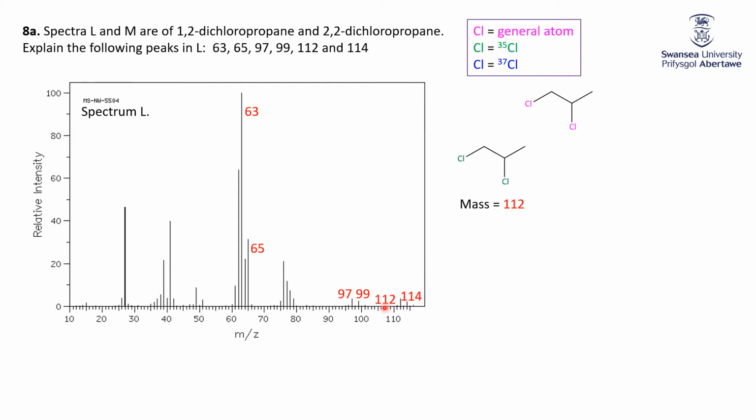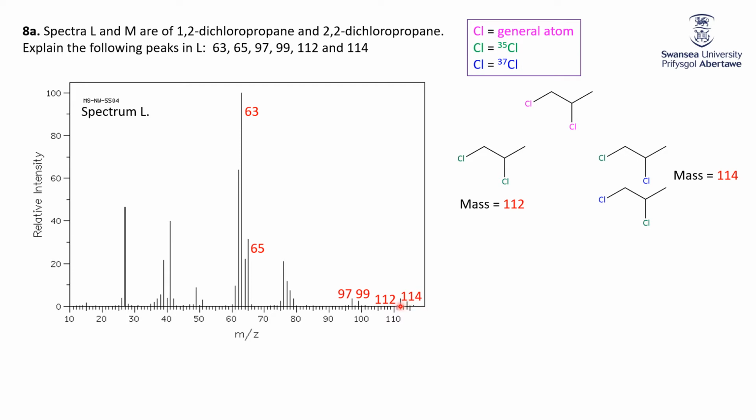Oh, look at that. Okay, now then getting to 114, well, that's a gap of 2. So I am obviously replacing one of the chlorine 35s with a chlorine 37. And I can either replace the end chlorine or the branch chlorine there. Either one will get up to 114. So two possibilities here, which is why the height ratio isn't 1-to-3, because this 114 represents two possibilities.